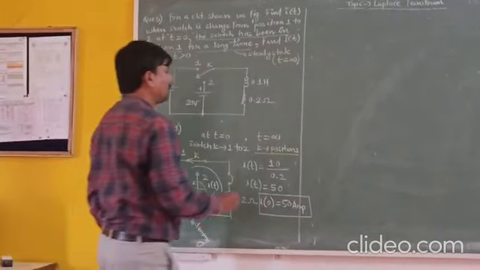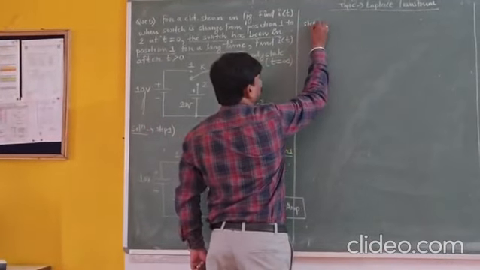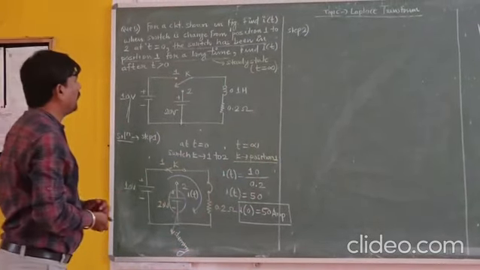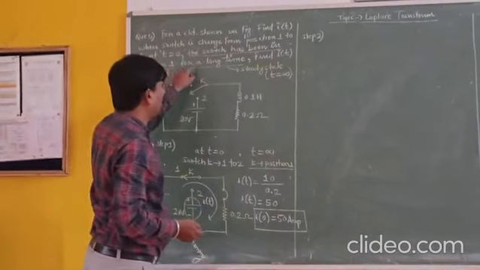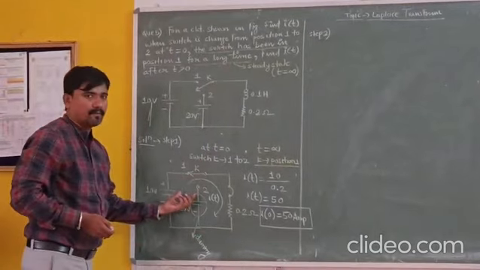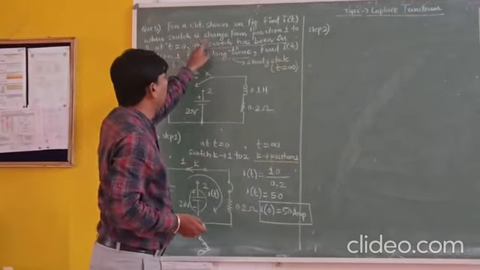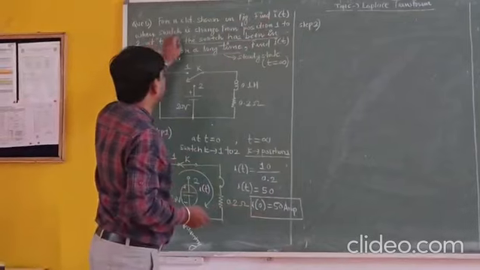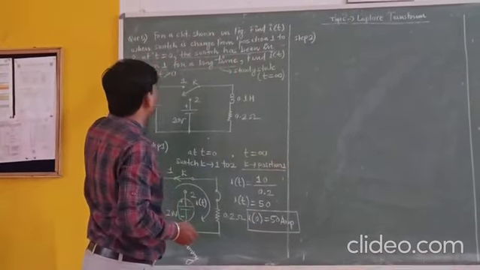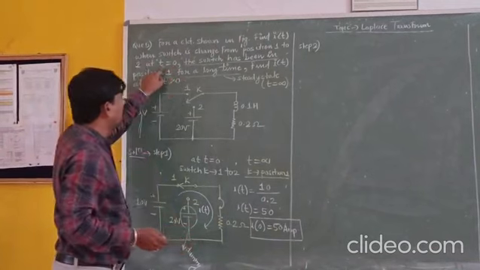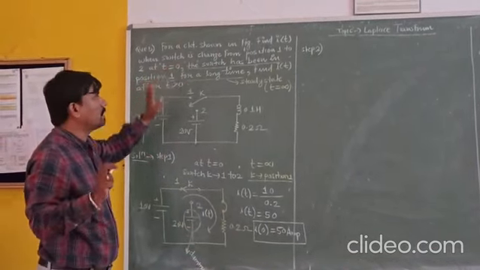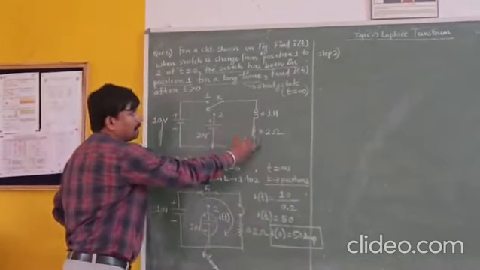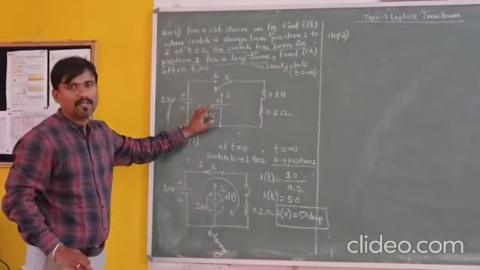Got it? Now at step number 2, the switch has been in position 1 for a long time, which we have solved at step number 1. Now we have to consider the second statement, that I want to find i(t) when the switch is changed from position 1 to 2 at t equals 0. The condition t equals 0 is not given inside the transient analysis table, so we do not make any changes; whatever elements are available inside the circuit diagram stay.